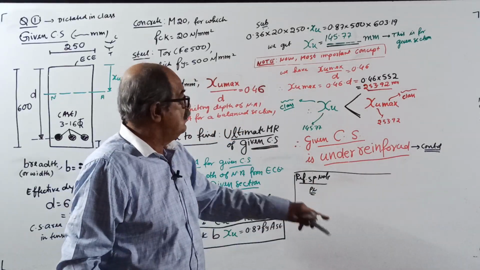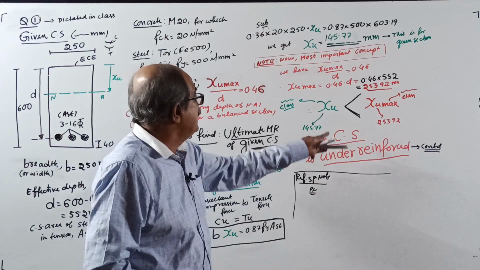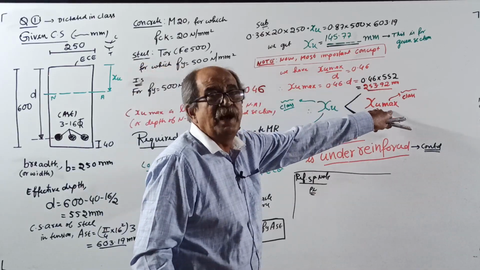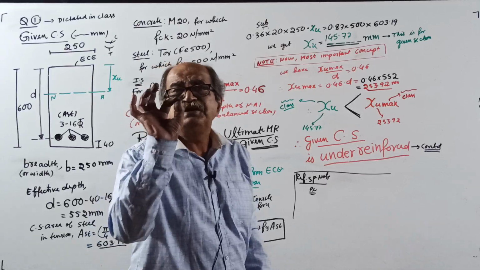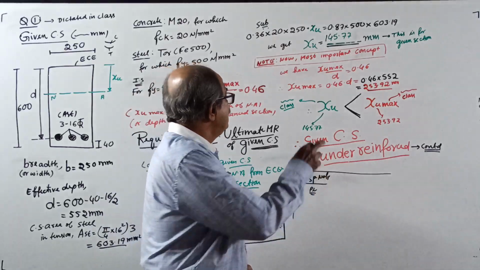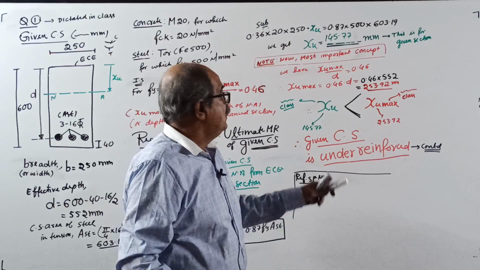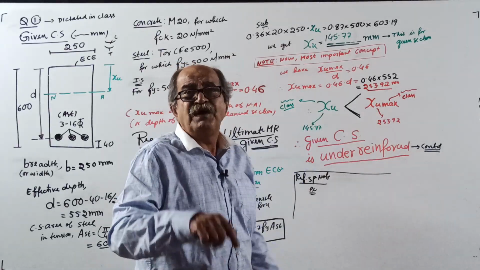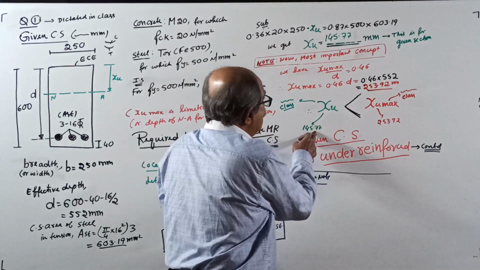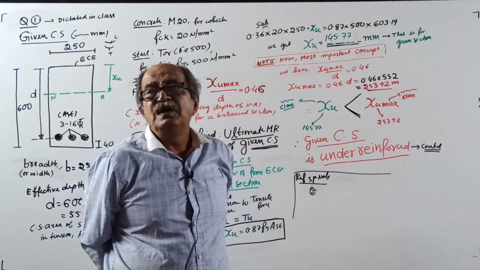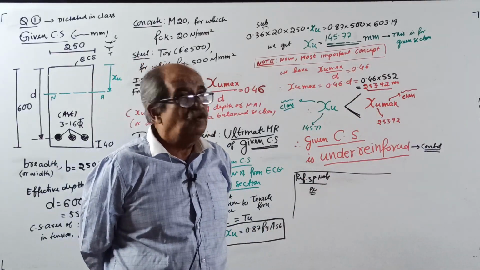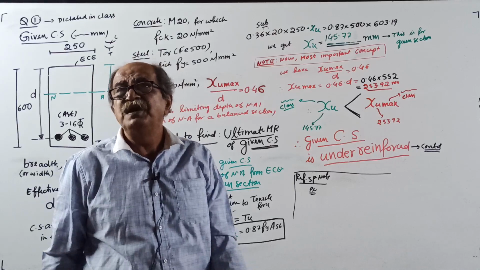By chance, if your XU comes more than XU max, you will write over reinforced section, and then that calculated value gets cancelled. For all further calculation you will take the maximum value. Less means less, equal means equal, but more means equal.